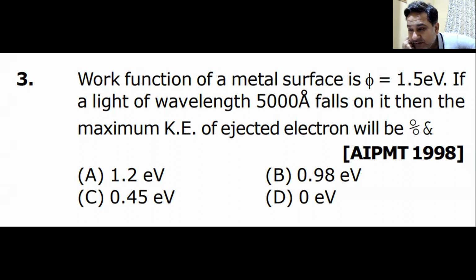What is the maximum kinetic energy of the ejected electron? After that there is some garbled text, so forget that. We will just rub it off. Call it a typing mistake.